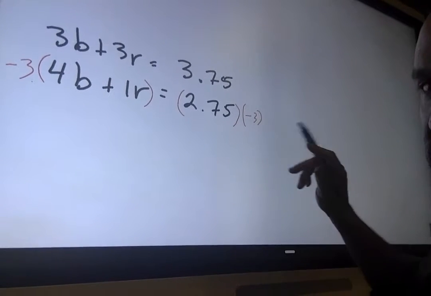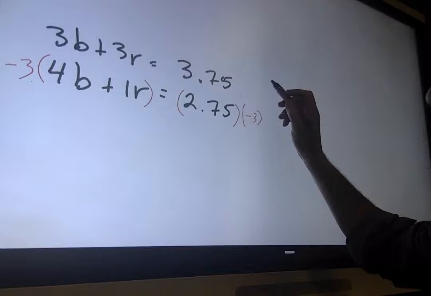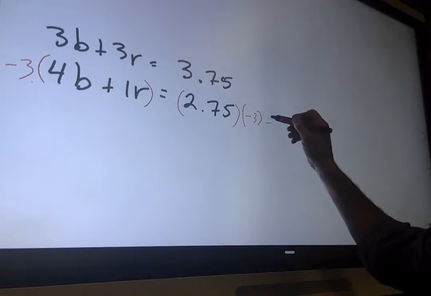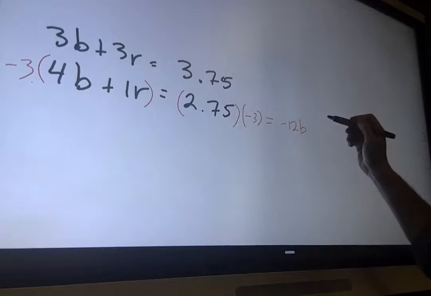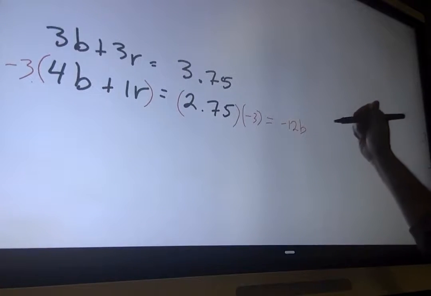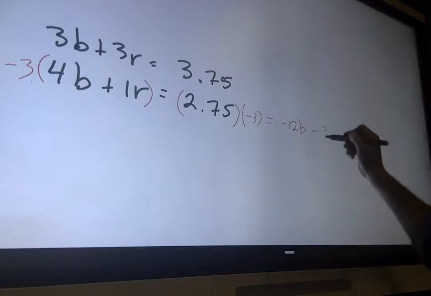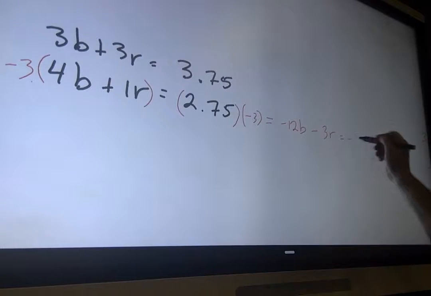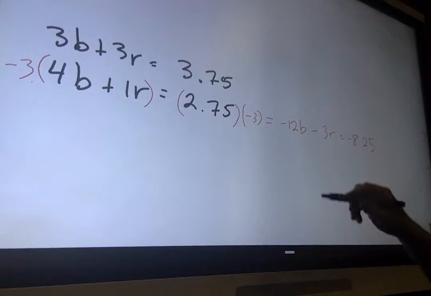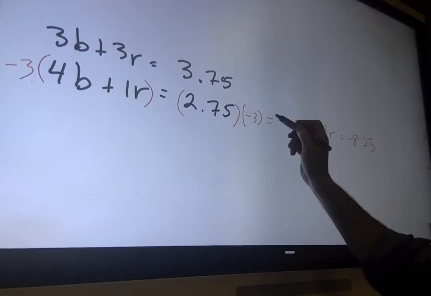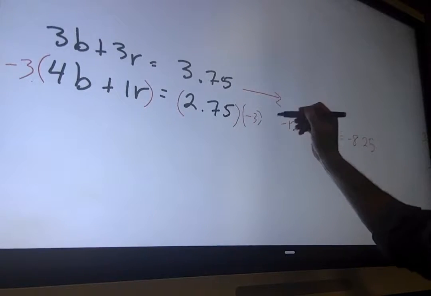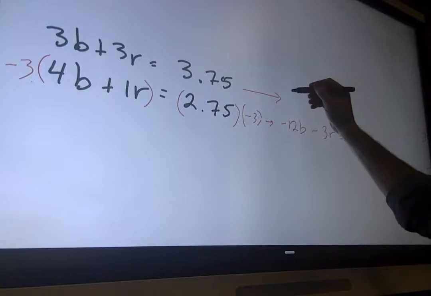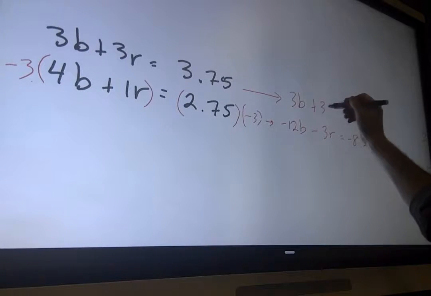All right, so this will make the second equation become -12b minus 3r equals -825. All right, the first equation is not going to change. We'll leave it the way it is.